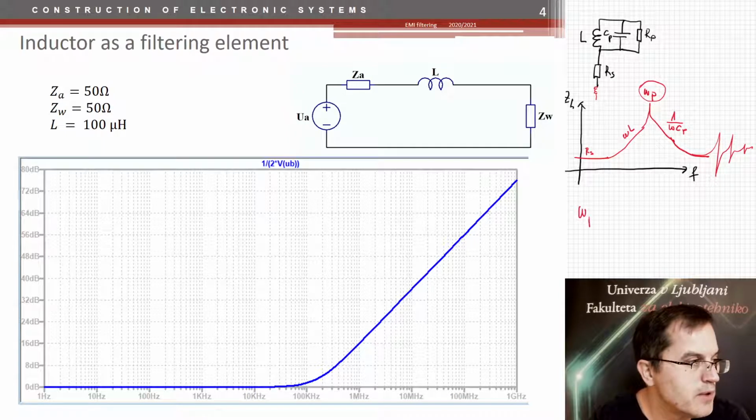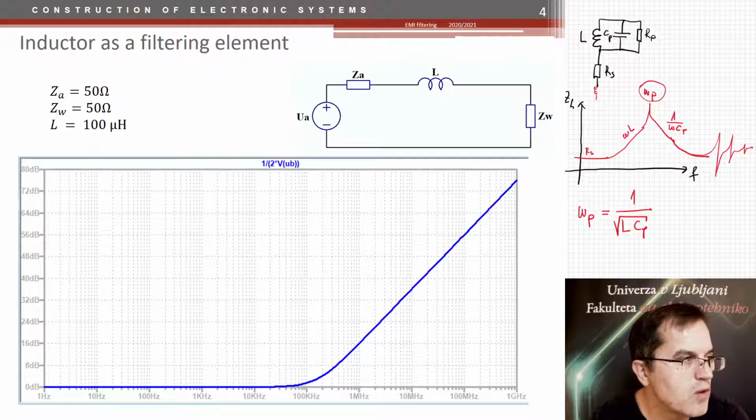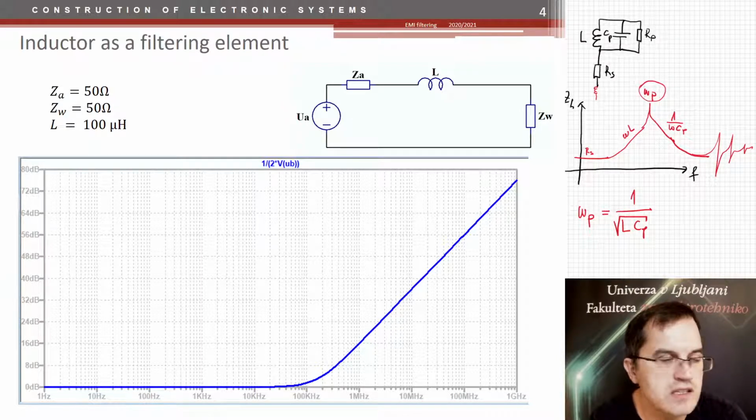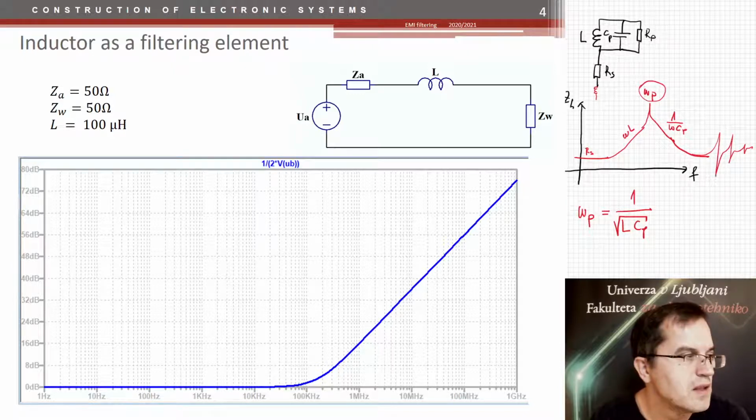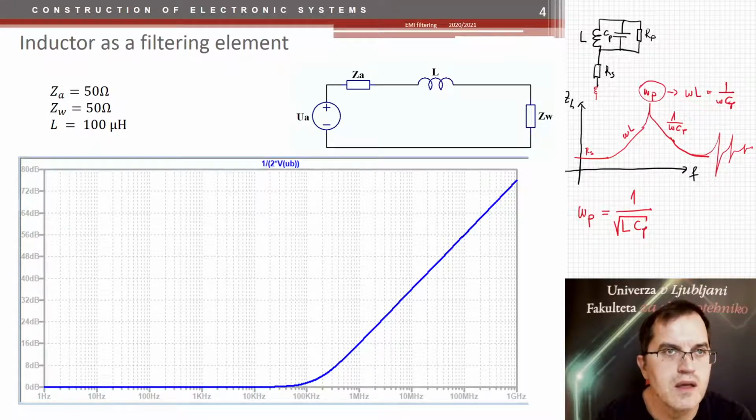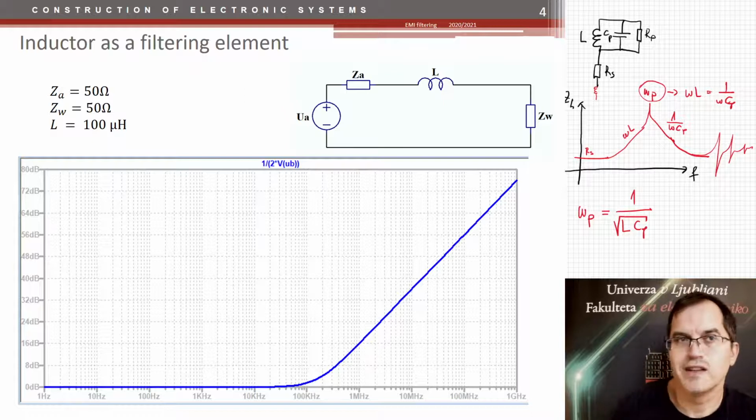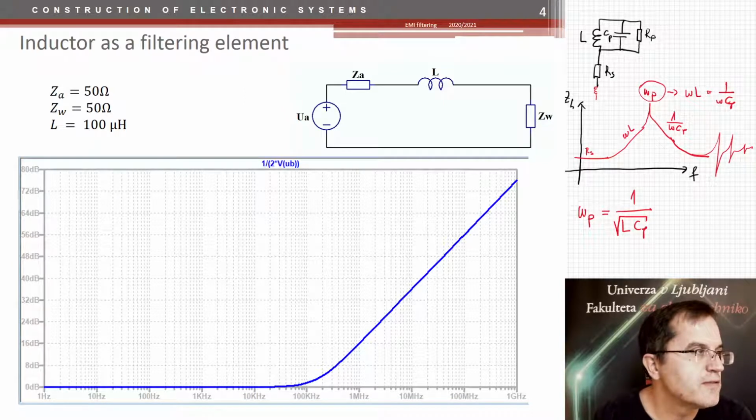And this omega P is equal to 1 over square root of L C_P, because this is the frequency when omega L equals 1 over omega C_P. So you can easily derive it. I will actually derive it here. So here the omega P is when omega L is equal to 1 over omega C_P, and that would then give you the omega P out of it. So this is an actual coil. The parallel resistance here defines the height of this peak here.